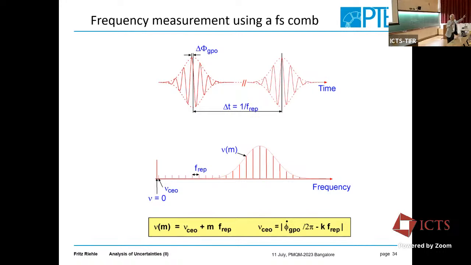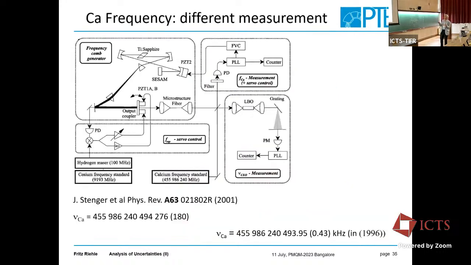So in a way, we were responsible for the frequency comb. That's a joke. Okay, you are familiar with this. So we built at PTB a frequency measurement of the calcium frequency with a laser frequency comb, which was different at that time.